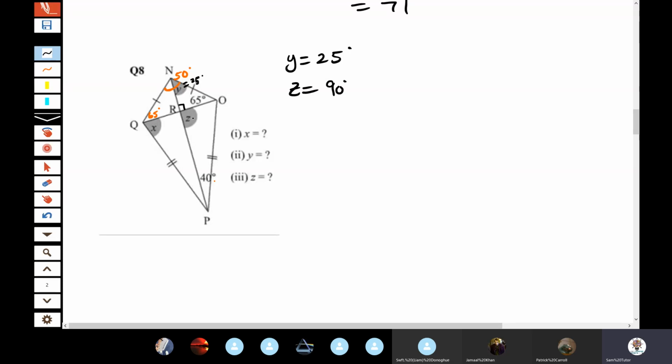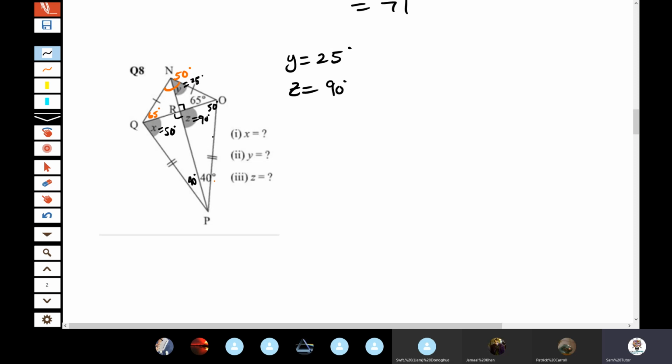So now we've got this one 90 and 90 plus 40 equals 130, and then 180 minus 130 is 50 degrees in there, and therefore x is also 50 because obviously this is symmetrical. So 40 and 40, this is 90, this is 90, but same thing, x equals 50.